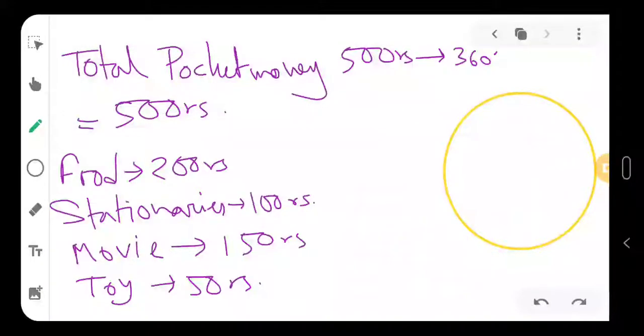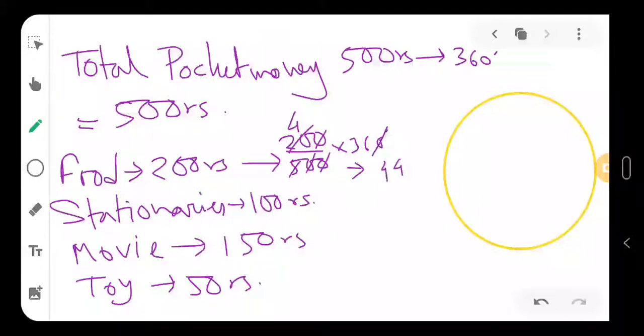We have to convert to degree at first. So that will be 200 by 500 into 360. So I have to divide. This gone, this gone, this will be 4, so it's 144 degree.